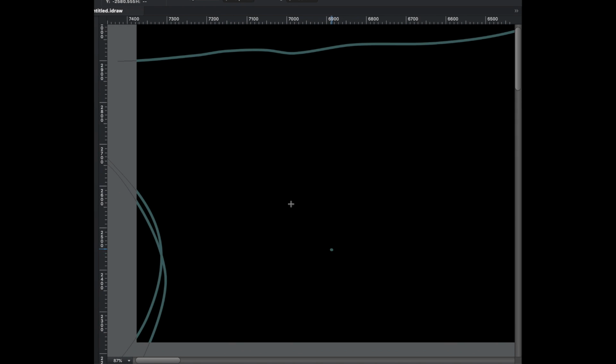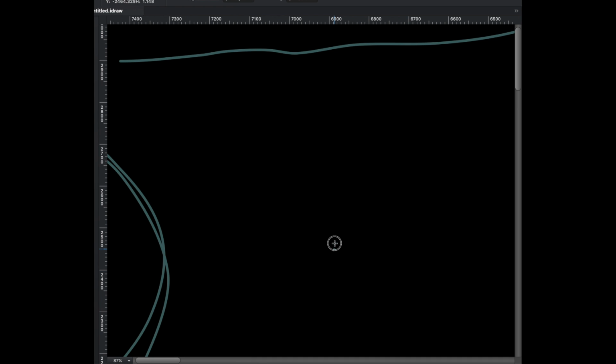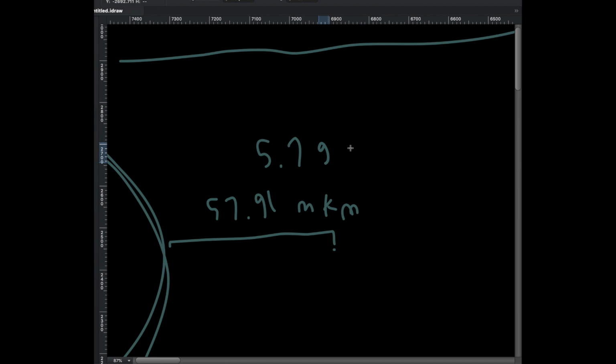Now, this distance is, give or take, 57.91 million kilometers, which is about 5.79 times 10 to the 7th. Approximately 7, not 2. It looks like half of 2. Okay.